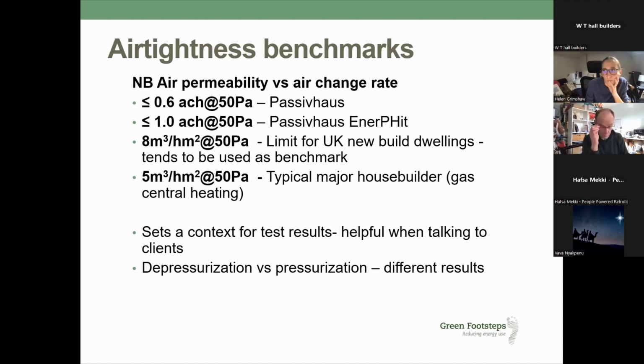A benchmarking test is particularly useful when there's a tight budget, because you can see where to put the emphasis: whether you're working with what you've got and looking at the insulation side where you already have a good level of airtightness, or whether it's really quite leaky and needs more attention.